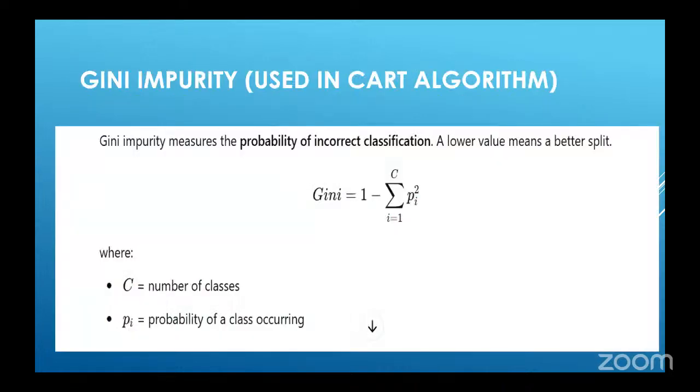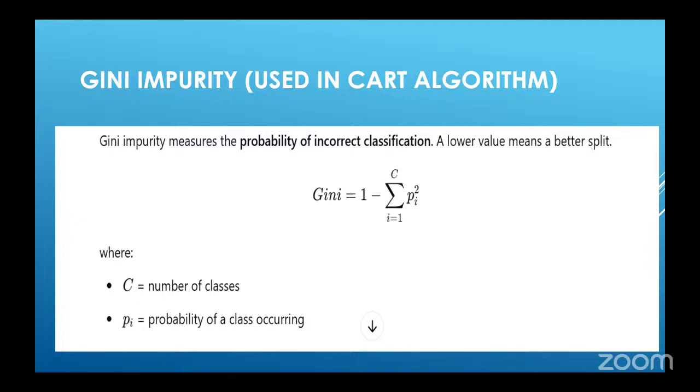Keep heading: Gini impurity measures. So here, for this measure, we are going to find out the probability.